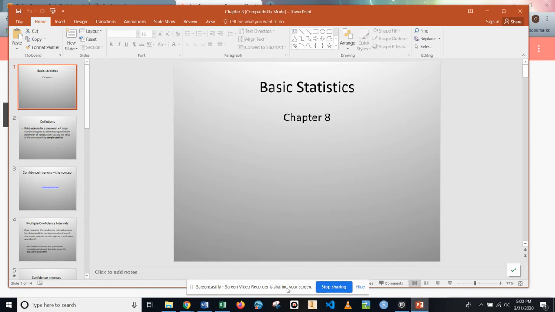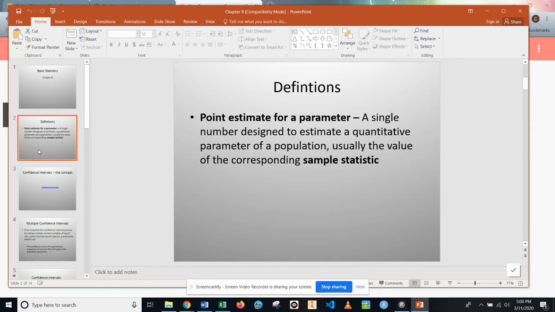So the first thing we've got to do is give a definition of what we call a point estimate, and for the parameter. That parameter, remember, goes with the population. So the point estimate is just an estimation of that value. And when we collect sample data, the best estimate that we have is the sample mean this week, and next week the sample proportion.